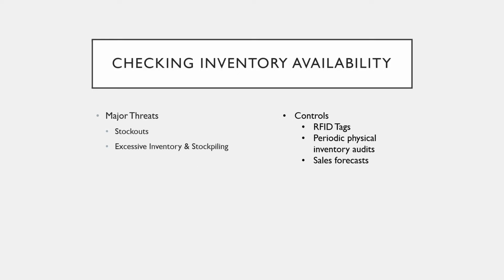So next we have the checking of inventory availability. This falls into making sure that the inventory is actually there to sell. A big problem for certain stores and companies is that the two major threats are stockouts and excessive inventory and stockpiling.